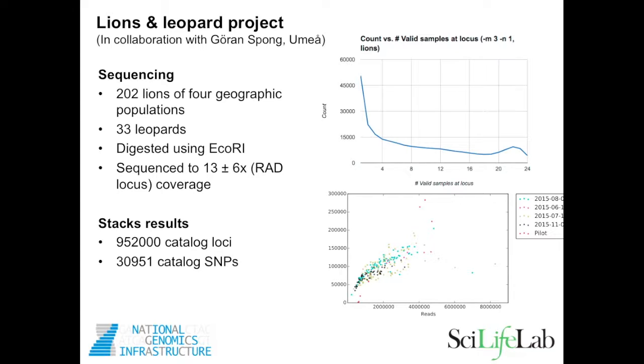An interesting project that we are currently collaborating on with Göran Spång at Umeå is the sequencing of African lions and leopards, of which we have well over 200 samples now. The interesting plot here is on the upper right-hand side.